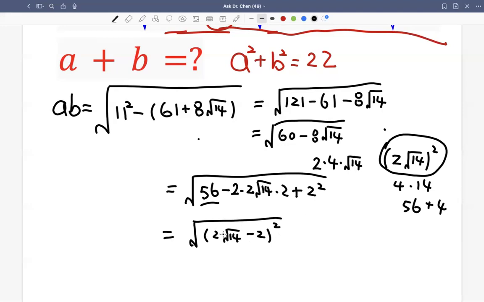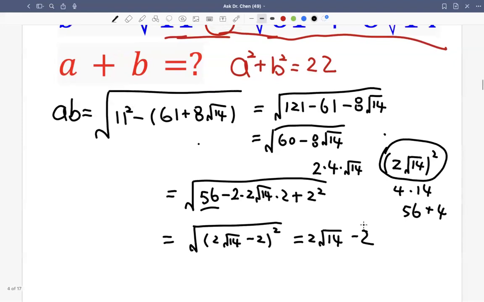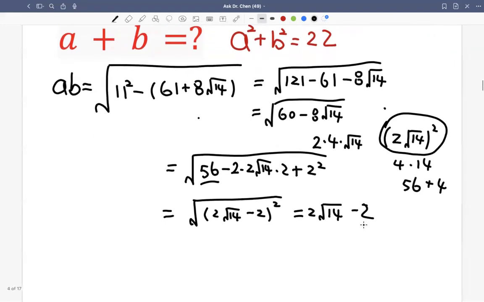So it's a perfect square, and the square root cancels. So this becomes 2 radical 14 minus 2. That's A times B. So now we have A squared plus B squared equals 22, and AB equals 2 radical 14 minus 2.